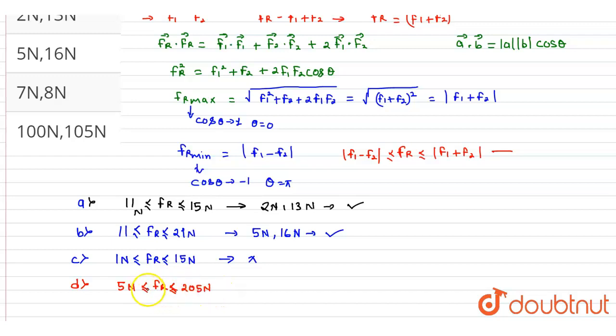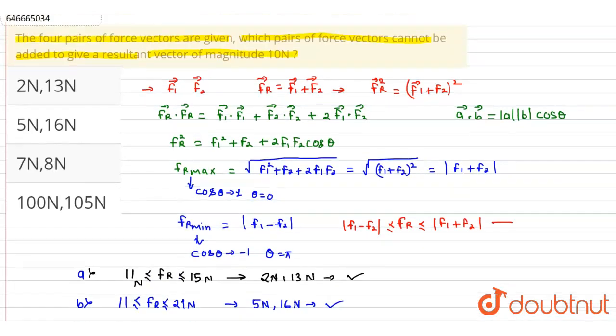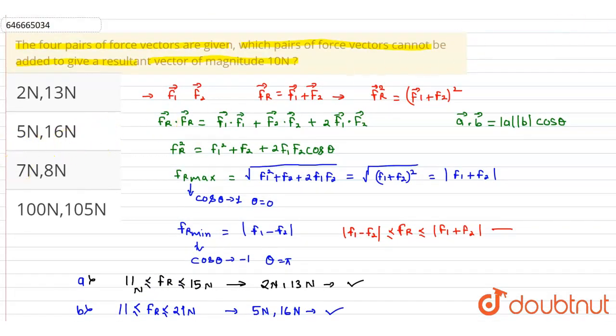So 10 Newton exists between 5 Newton and 205 Newton. So this pair also can give a resultant force of magnitude 10 Newton. So the correct options are option A and option B. Option A and option B are correct.